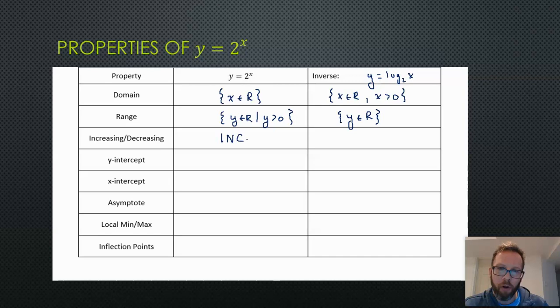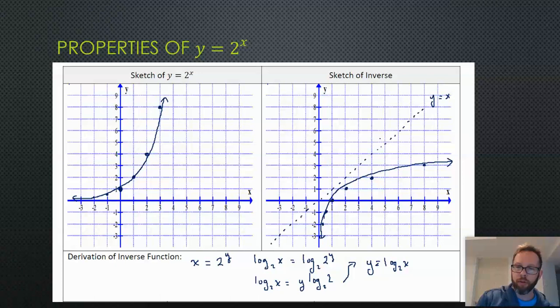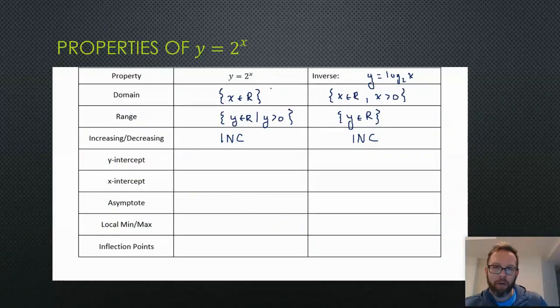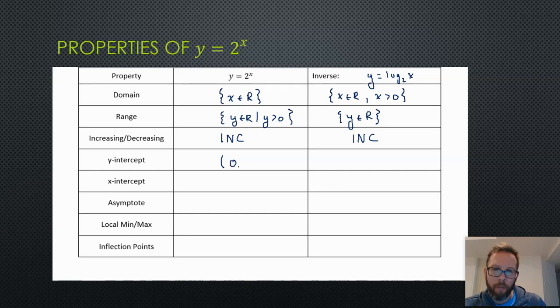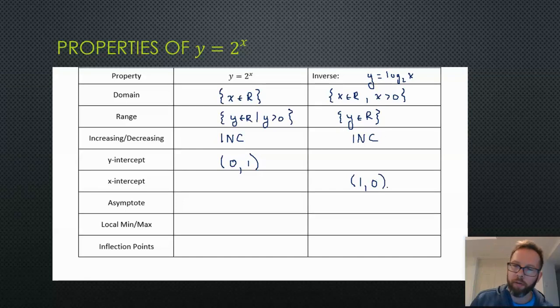The graph of 2 to the power of x is increasing, and the graph of log base 2 of x is also increasing as we go to the right. The y-intercept of 2 to the power of x is (0, 1). Note that this corresponds to an x-intercept for log base 2 of x, because they're inverses: you flip the x and y values.